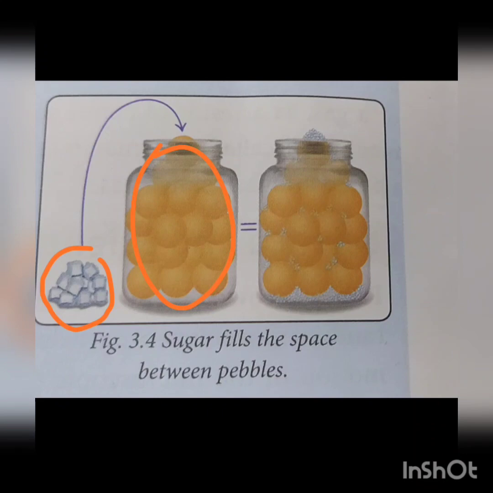Now we add sugar to the jar containing pebbles. The sugar particles fill the space between the pebbles. The conclusion is that the intermolecular space between the bigger particles is occupied by the smaller particles of sugar.